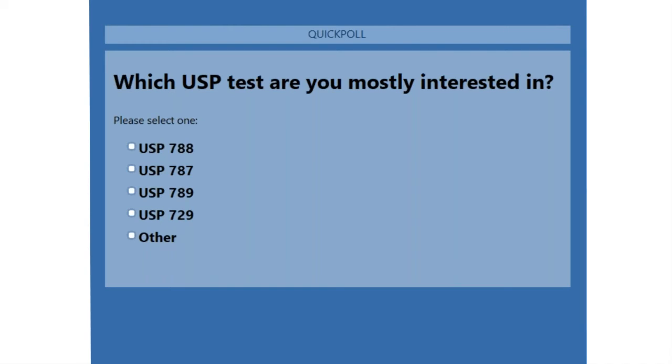In terms of the customers I deal with, it's pretty heavily weighted USP 788. 787 is really getting more popular because a lot more of the new drugs coming onto the market are protein-based. And those measurements really are a touch trickier. Part of it is the low sample volume, but we've spent a lot of time investigating that. I'd submitted some data for an article that we could share if people want to see it, focusing on this small volume testing.